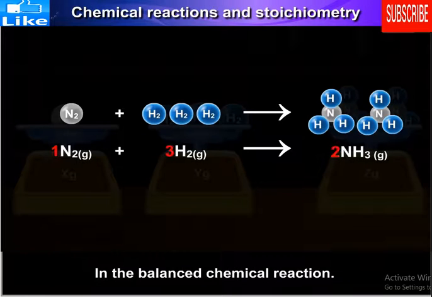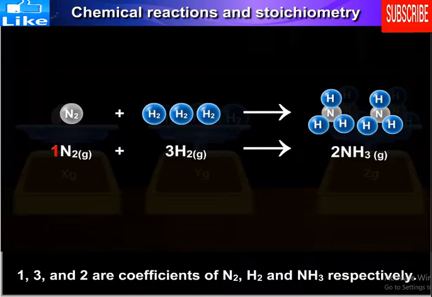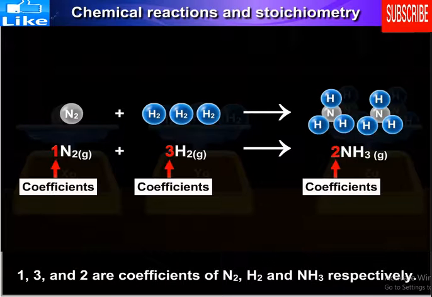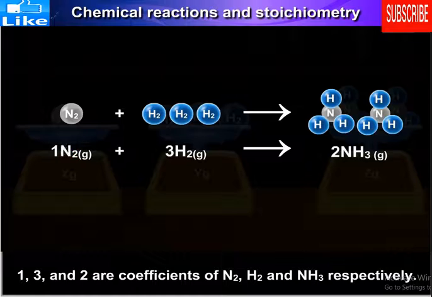In the balanced chemical reaction, N2 in gaseous form plus 3H2 in gaseous form gives 2NH3 in gaseous form. 1, 3, and 2 are the coefficients of N2, H2, and NH3 respectively.